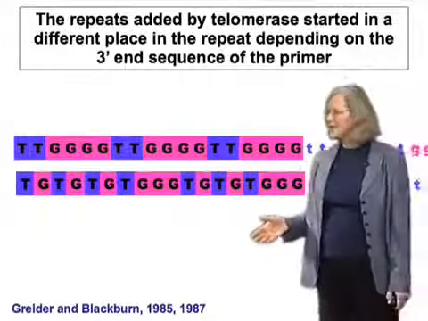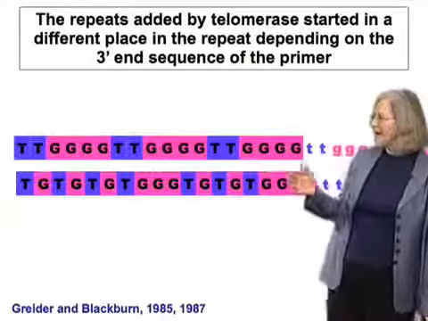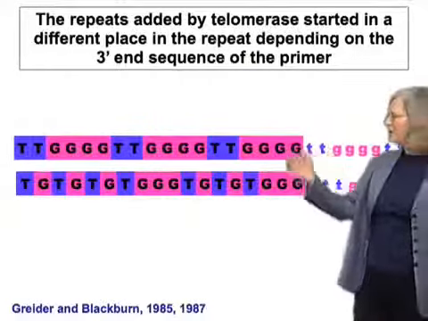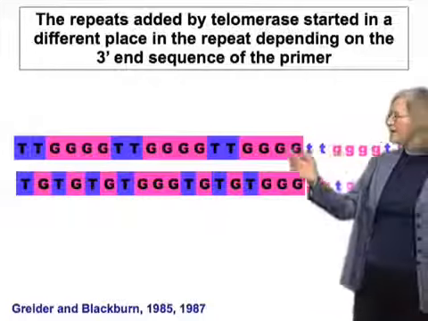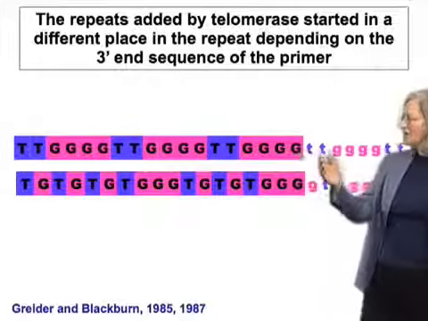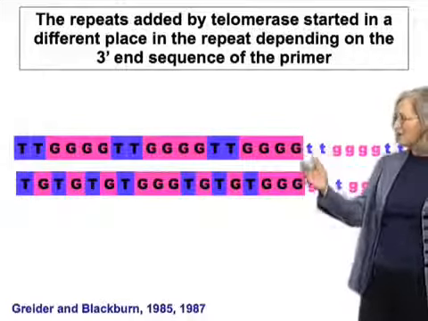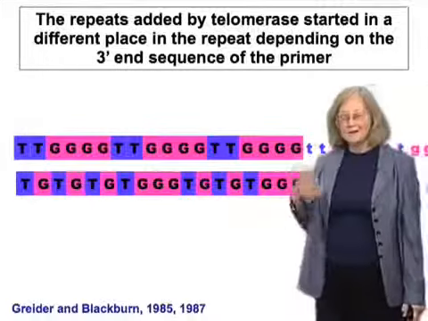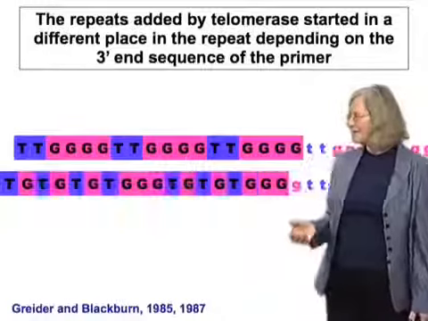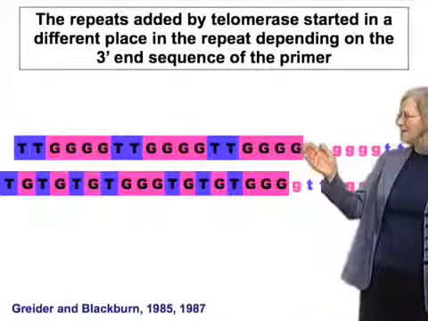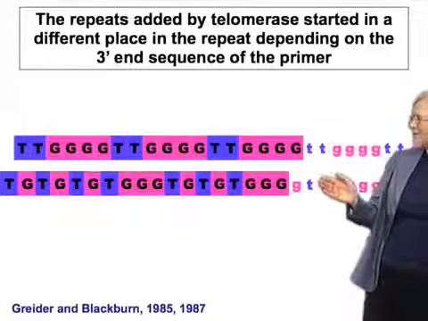So this suggested that perhaps something was aligning this very first portion of the reaction, adding to the very 3' end of the primer, somehow in the enzyme. Because, in other words, if you lined it up like this, then everything was lined up.